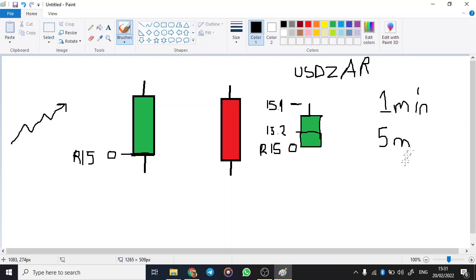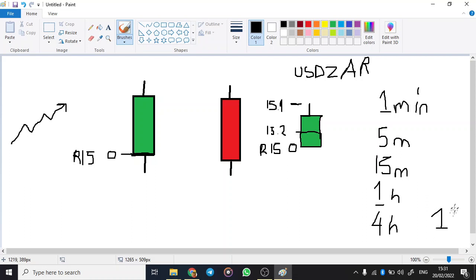So every 5 minutes a candlestick is being formed, and you have candlesticks that are formed every 15 minutes, every hour, every 4 hours, every day.